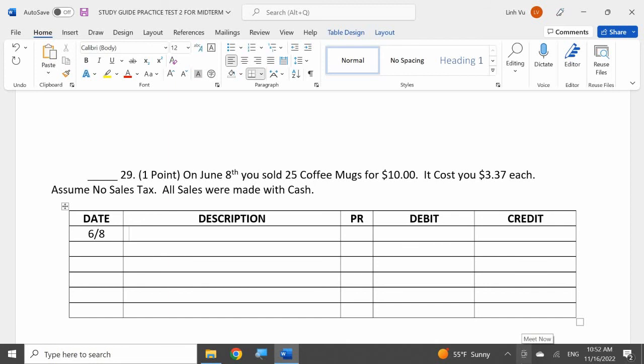And since we're doing chapter 7, which is perpetual inventory, the first thing we recognize is we sold our coffee mugs, right? So therefore, cash and sales, with no sales tax.